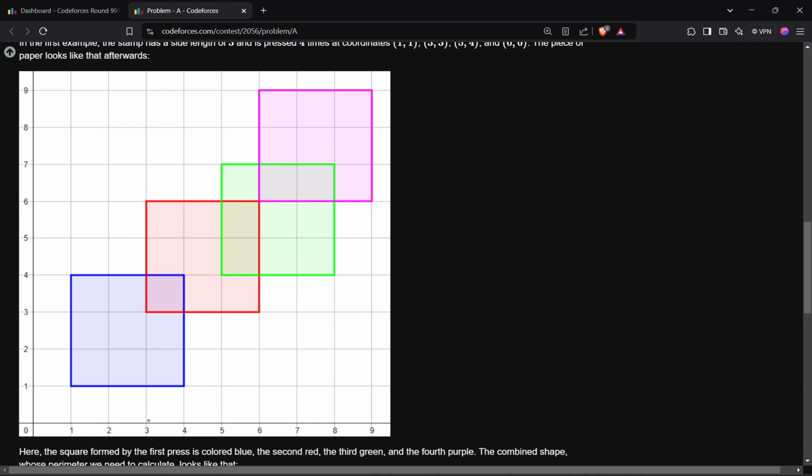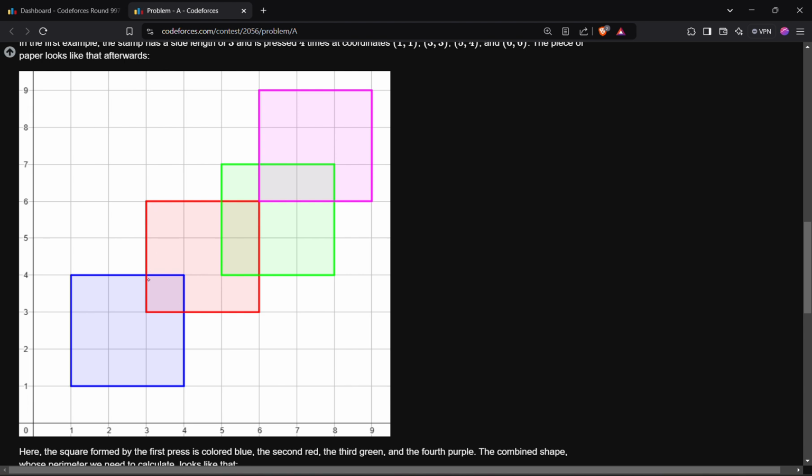In the first step you are moving it to the right and moving it up. This will be the state of the square, and in the second step you are moving it 2 units to the right and 2 units up.